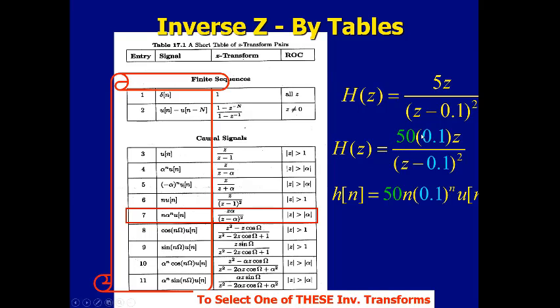So we need a multiplier out in front so that together we get back to our original value in the numerator. With that said, we can simply look up that the inverse transform of z times alpha over z minus alpha squared is n alpha to the n u of n. Alpha is 0.1, so we have n times 0.1 to the n u of n, and our multiplier 50 out in front comes right across.